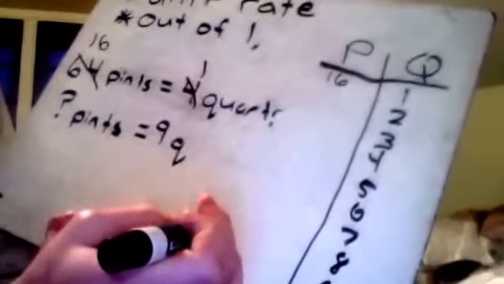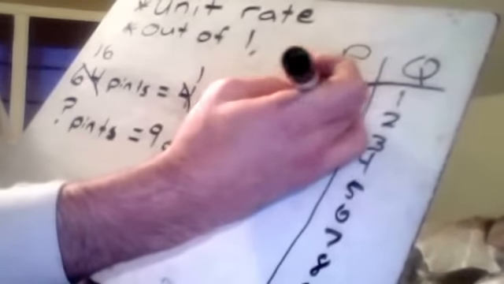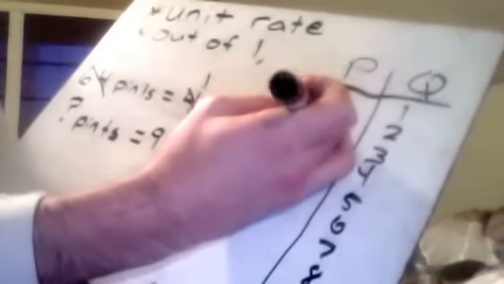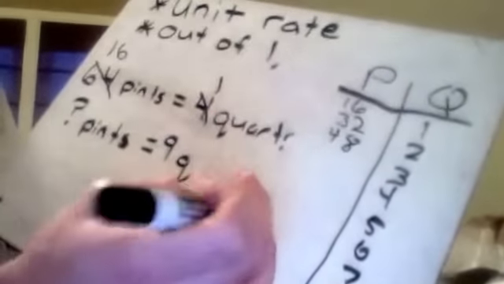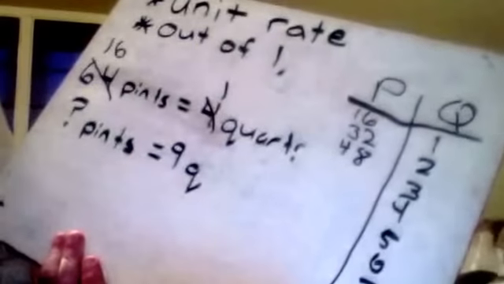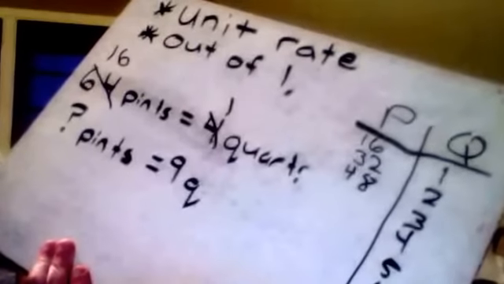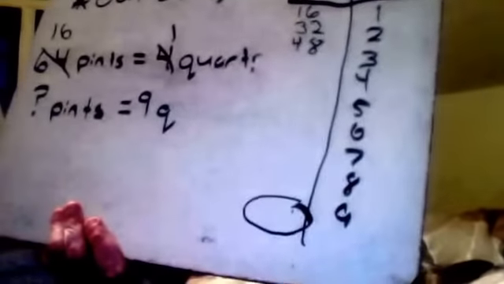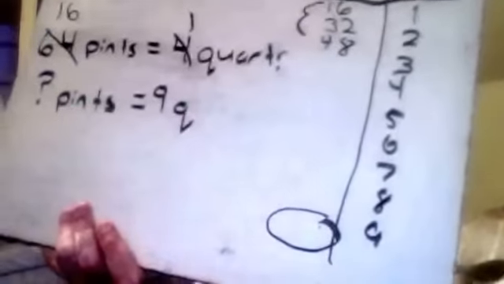So we'd have 16 pints there, and then another 16, we'd have 32, and then another 16, we'd have 48. We could go all the way on down the line until we got to the 9, and whatever you get here will be your answer. We're just adding 16 each time. Every one over here is 16 over here.